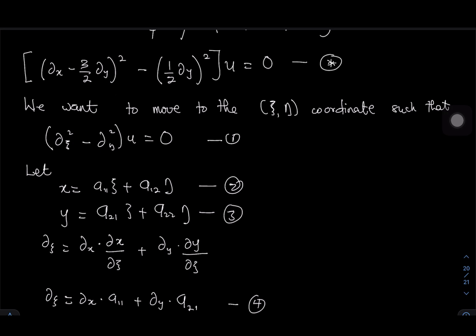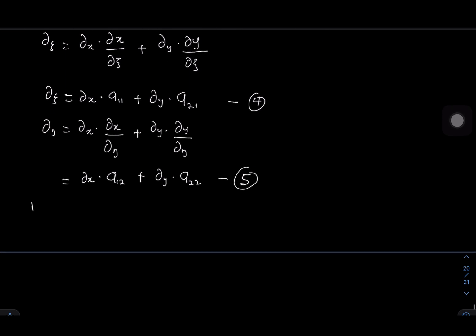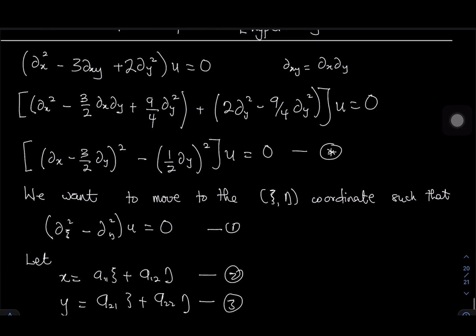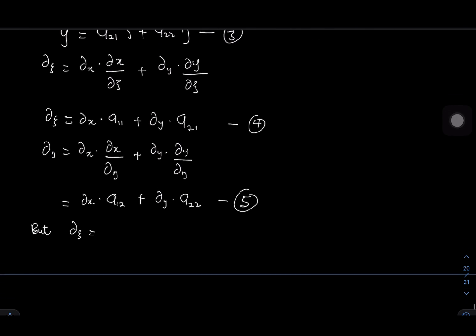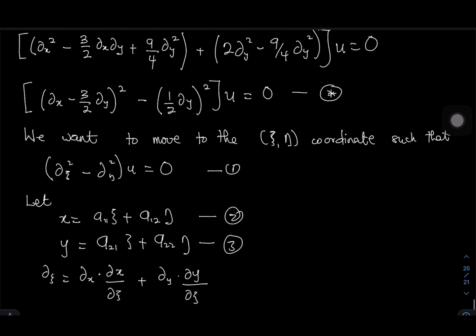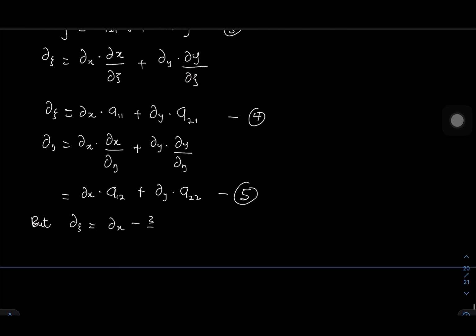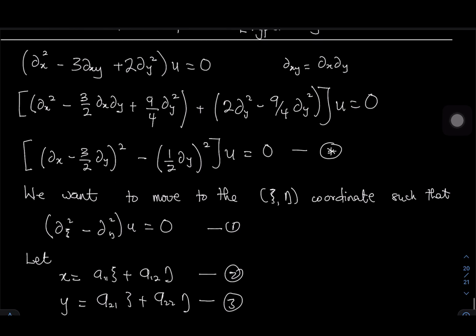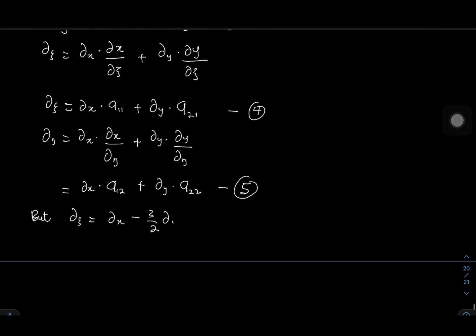If we compare equation 1 and equation star, we know that del u del xi is the same as the entire thing here. But we know that del xi is equal to del x minus 3 over 2 del y, right?